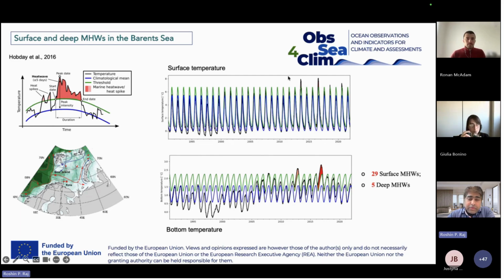In this figure, you see the same color code that is shown in the extreme top left. The blue is the climatology, the green is the threshold, and the black line is the actual temperature variability, both for the surface and deep.